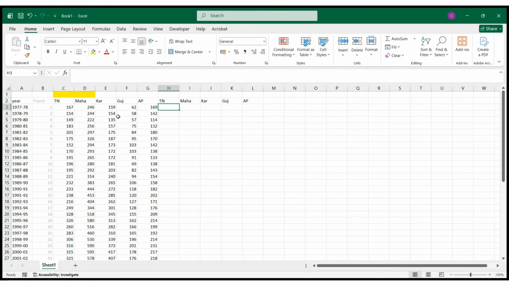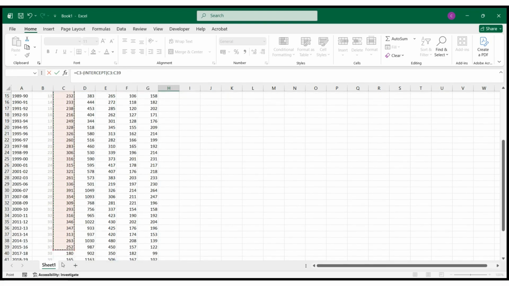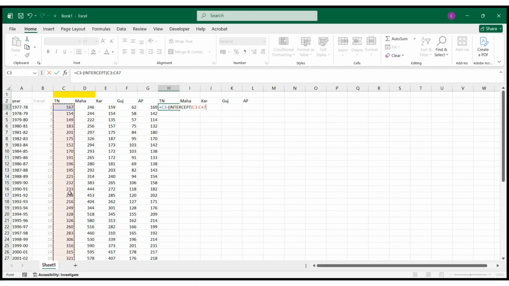In order to calculate the forecasted values, I'll simply use the formula. So here I'll take this value minus intercept. For the intercept, I'll be taking the values starting from C3 to C47, and I'll be taking the time trend, that is our x, the time.